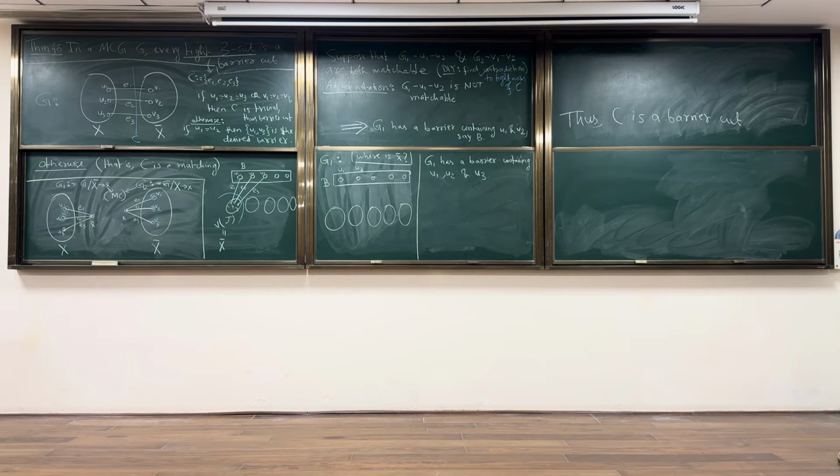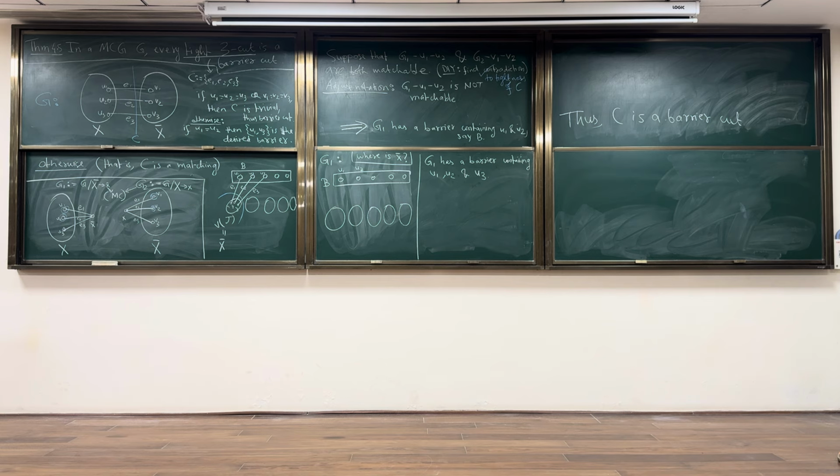So can it be anywhere or can it only be in some places? The thing you want to use is that G1 is a matching covered graph, and we are looking at a barrier. We know some nice things about barriers in matching covered graphs. So based on this, what can you say about X bar? No, just think about X bar first. Don't mix up with U3.